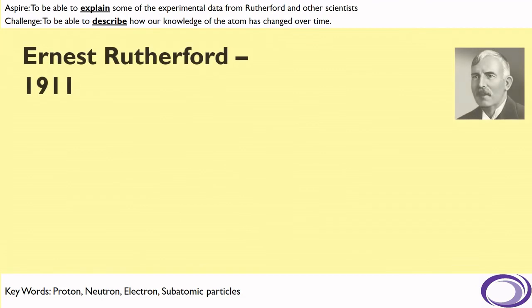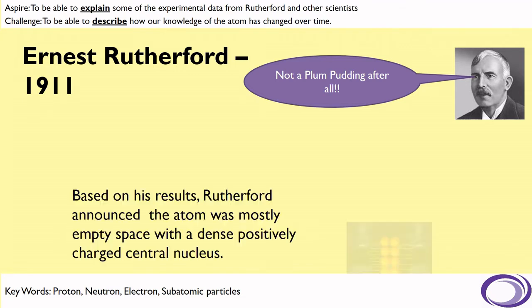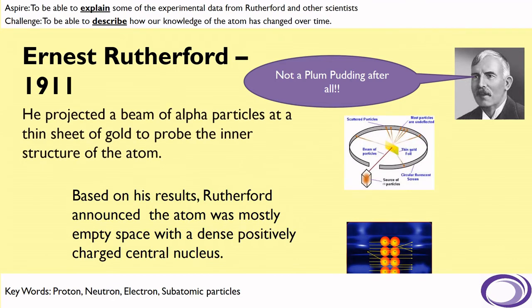Our next scientist is Ernest Rutherford. Now, he carried out an experiment to try and confirm the plum pudding model, but he actually ended up disproving it. What he did is he projected a beam of alpha particles at a very thin sheet of gold to probe the inner structure of the atom. We're going to look at this experiment in a little bit more detail later on in this video.